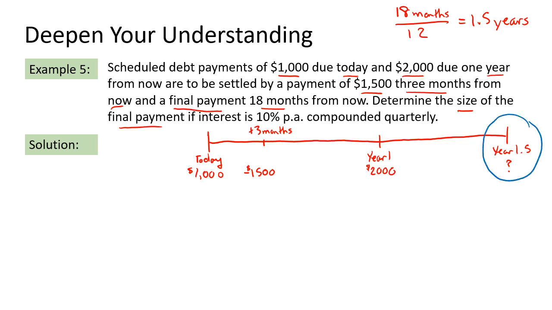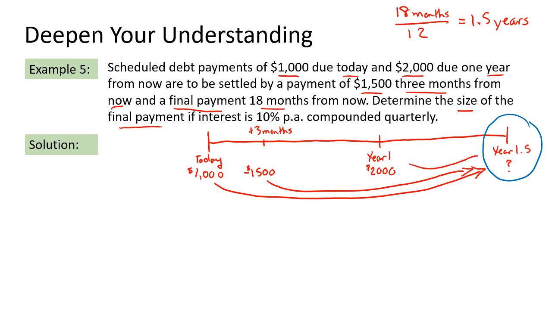So each of your items has to be moved forward. You have to find the future value for each of these 3 payments. In general, this is a debt, right? So you want your debt to be equal to 0.